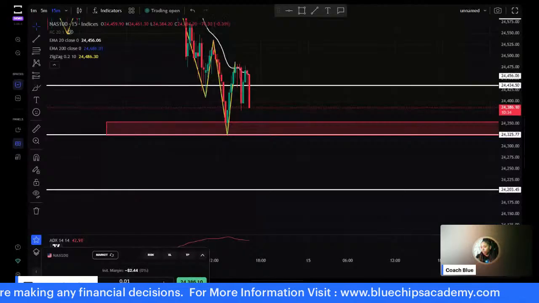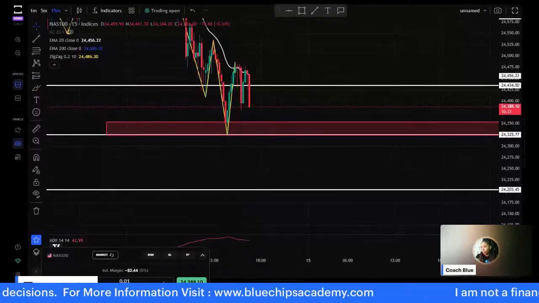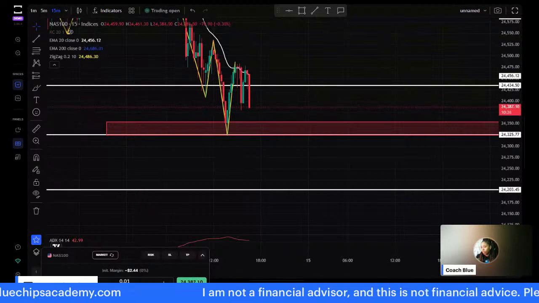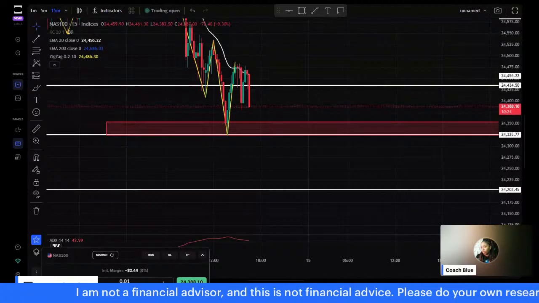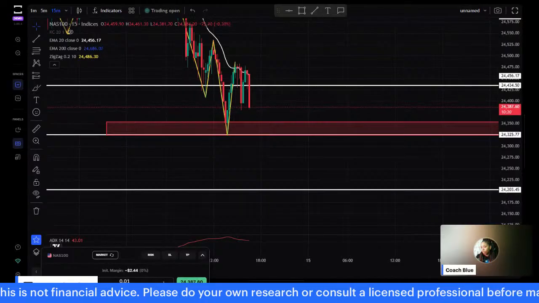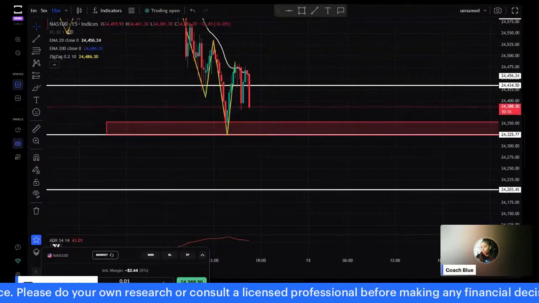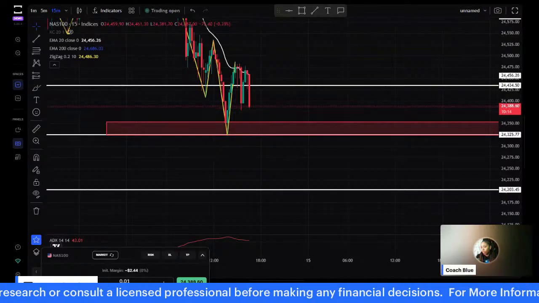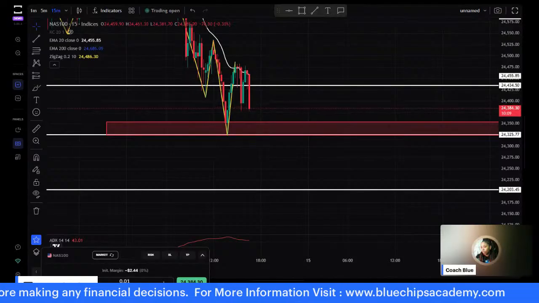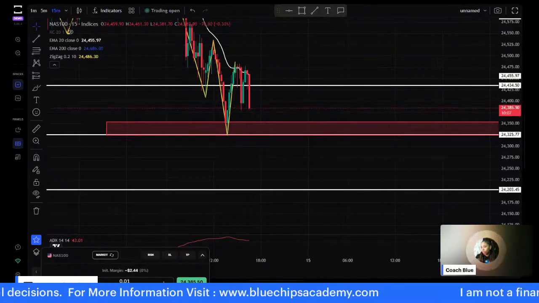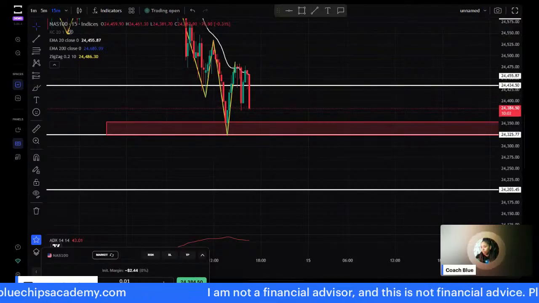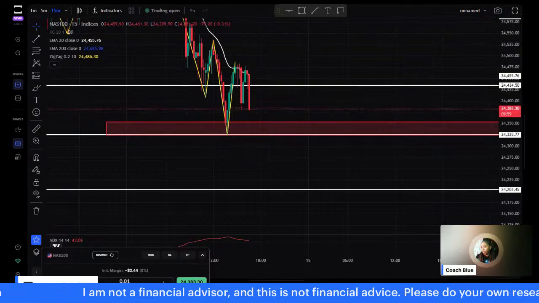Here we go. Looks like I'm trying to approach the sell zone though. Still got a little bit more ways to go, but we're getting closer. So that's a good sign.